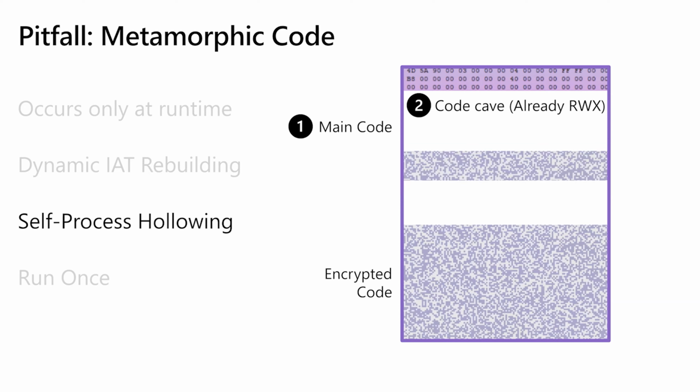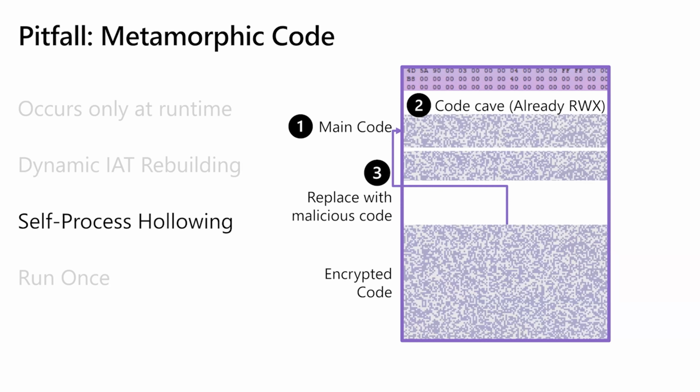Because some antivirus will look for a VirtualAlloc or VirtualProtect to change the protection of the memory space, and they're looking for the executable flag. So what this does is they just extract out the bytes from existing executable memory space and then place their malicious code within it so that it can execute fine.